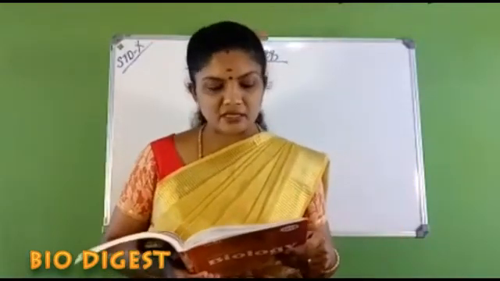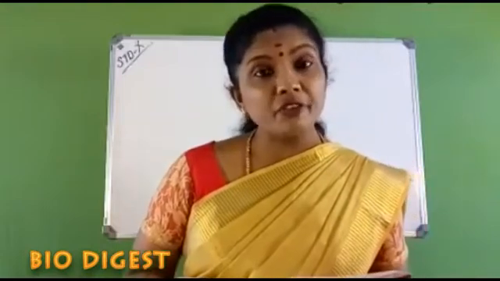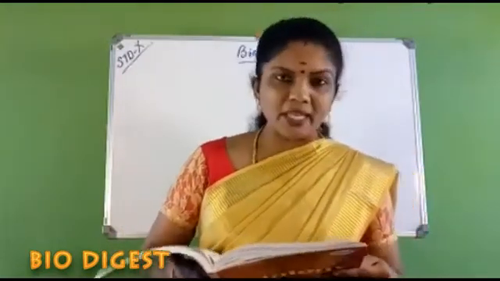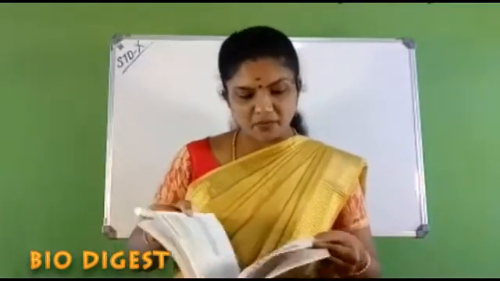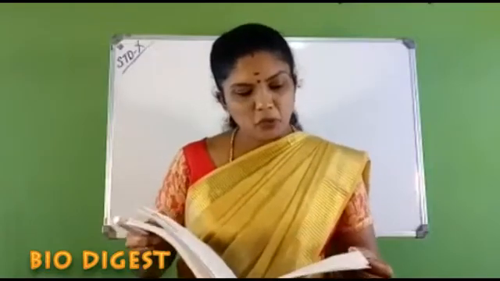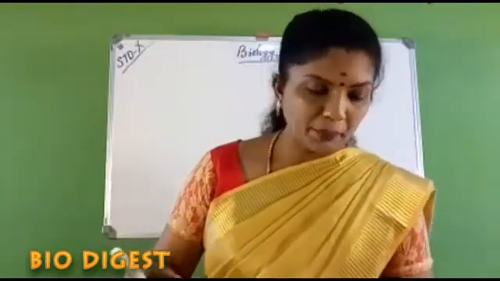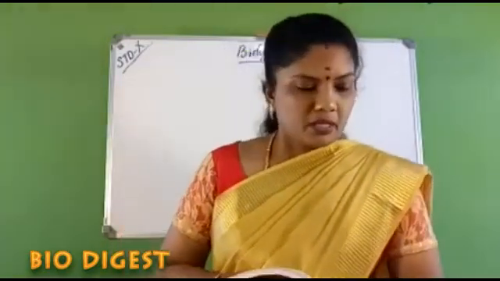I am discussing the year 2014 question paper. Actually, in this, the page number is 78. I am using the 2017 edition, so I don't know the exact page number of the new textbook.